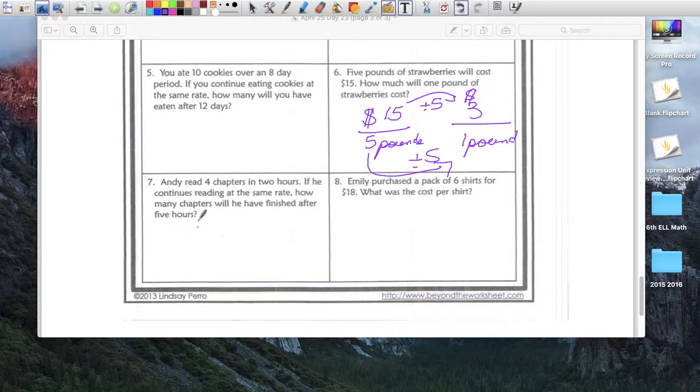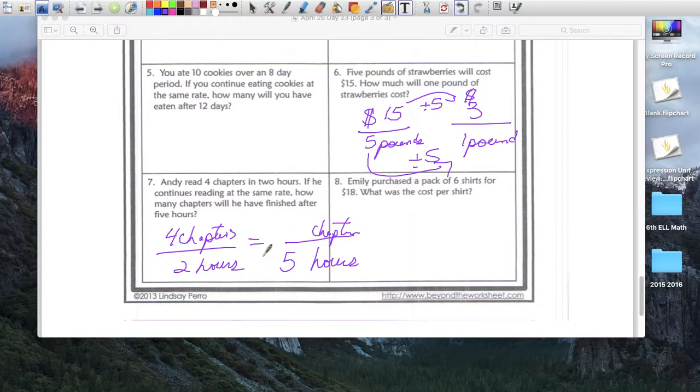And he read 4 chapters in 2 hours. Over here, I'm going to write hours, and write chapters on top. And what do we know? How many chapters will he have finished after 5 hours? So I'm going to write 5 over here. Is there a relationship, anything times 2 equals 5? Yes, you can use a decimal relationship.